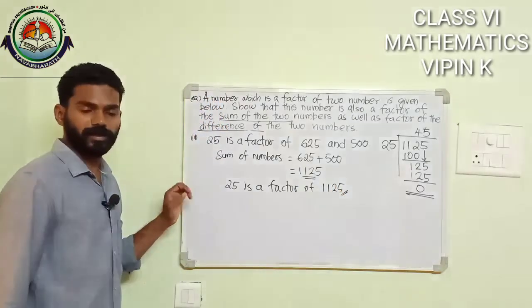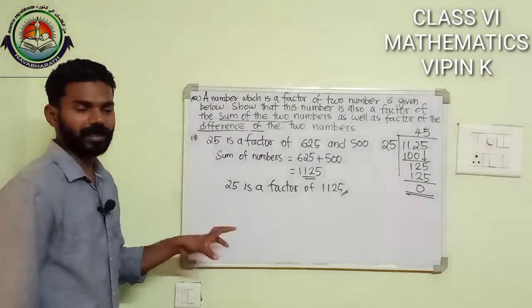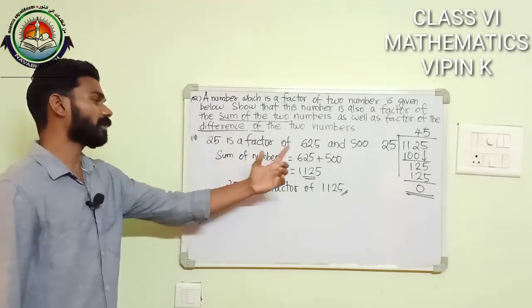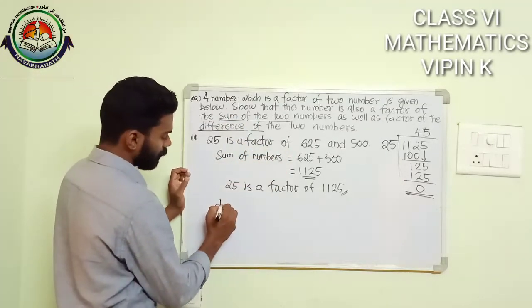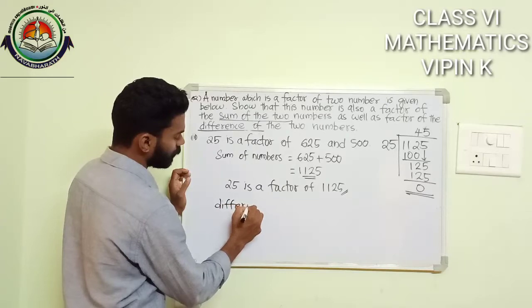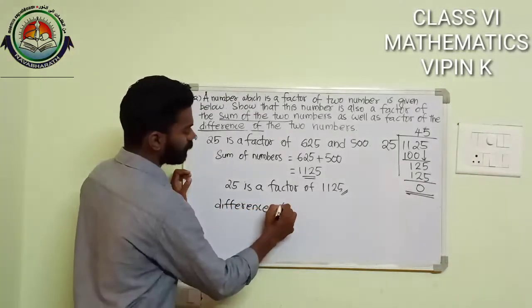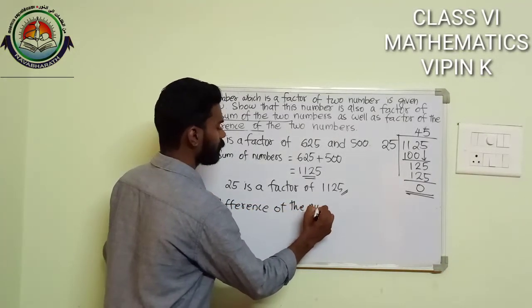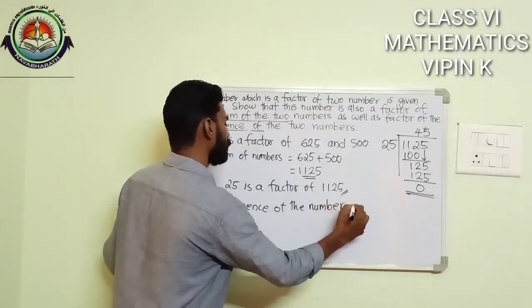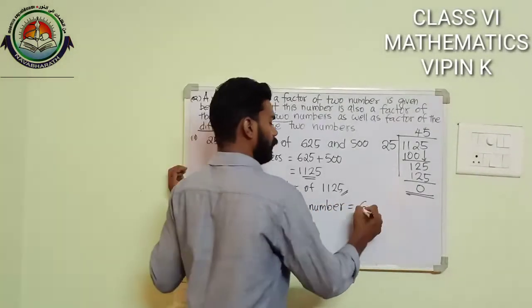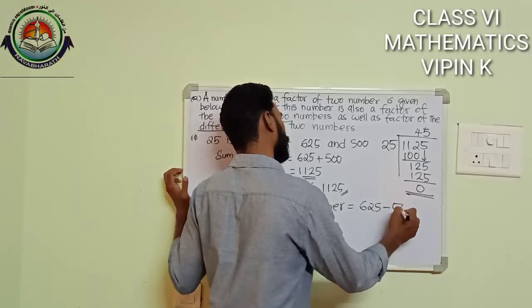The first thing is proved. Now what about the second thing? You need to consider the difference of numbers. What would be the difference of the numbers? It would be 625 minus 500.